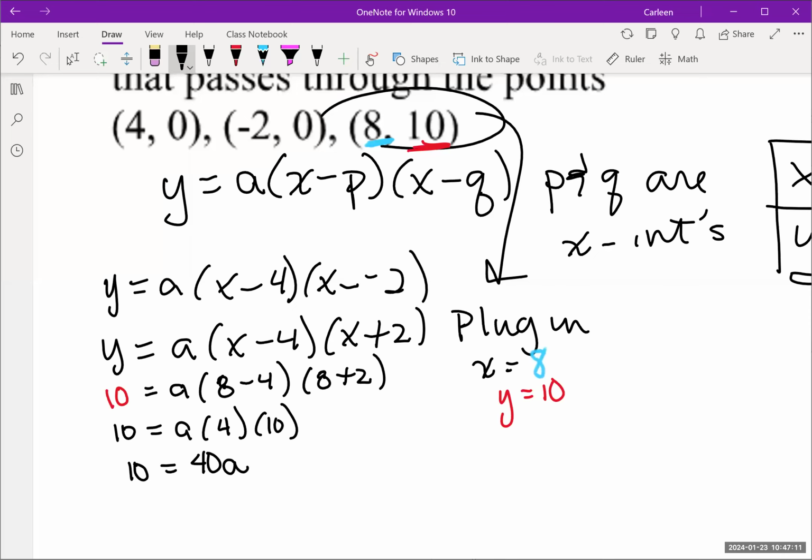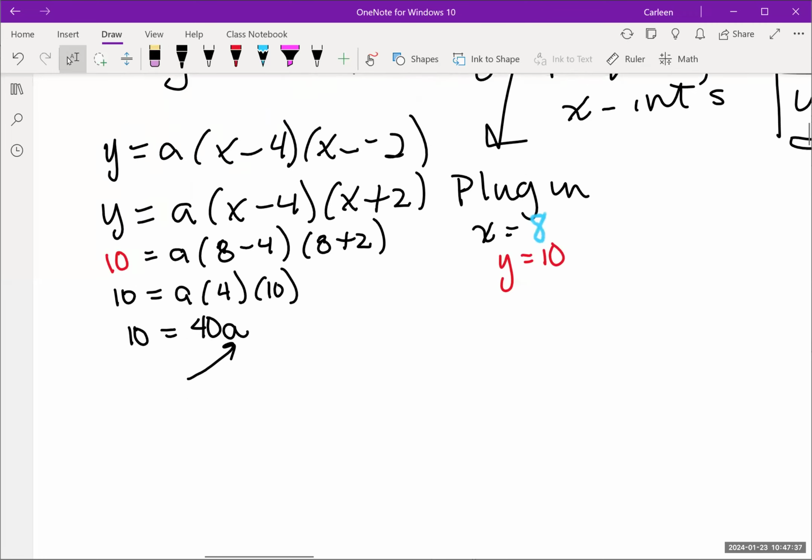Okay, now why did I do this? WHY, not the letter Y. Why did I do this? The goal of plugging in x and y is to find the value of what? A. Yeah, I need to find the value of a.